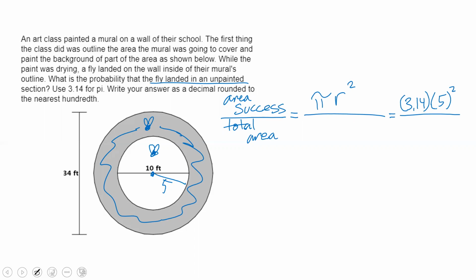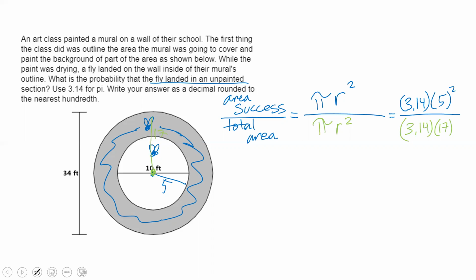And our total area would be the area of the entire circle. So I would want to find this radius. Now, if I know that this whole thing is 34, half of that is 17. So again, I'm going to find the area of a circle, which is pi r squared. So I'll take 3.14 and multiply by 17 squared.